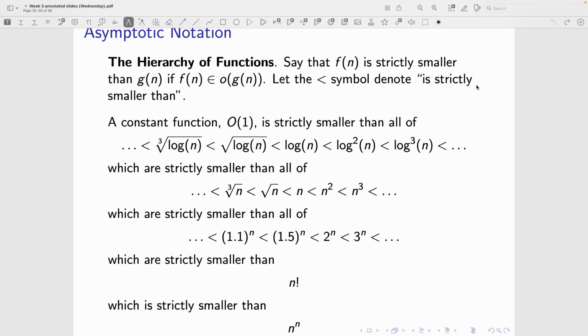I'm going to attempt to draw a doodle that will stay on the annotated slides just for reference's sake.